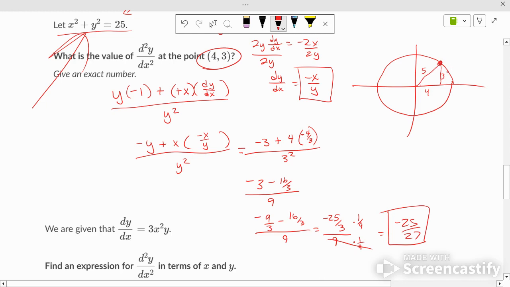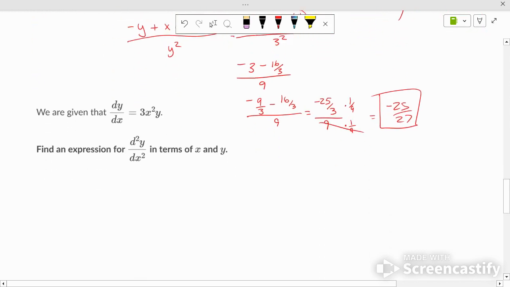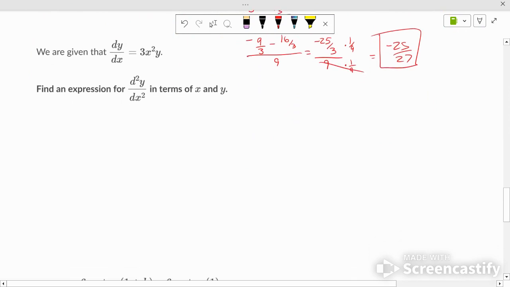And its second derivative would be negative 25/27. Its first derivative is negative 4/3. The slope of this is negative 4/3. Okay? And it's a negative there, so it's concave down. And we'll get up to concave up and concave down next chapter, I think.